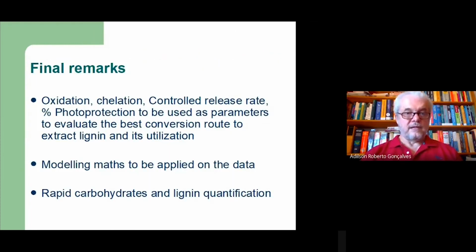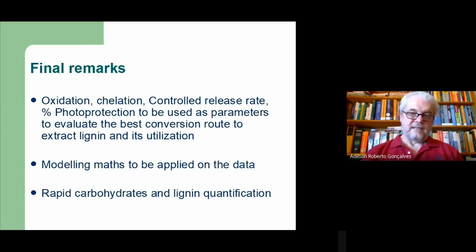As final remarks, the oxidation, chelation, controlled release rate, and percentage of photoprotection are to be used as parameters to evaluate the best conversion routes to extract lignin and its utilization. The experiments related here are not only about the utilization of the lignin, but are intended to be applied to this data using mathematical modeling.